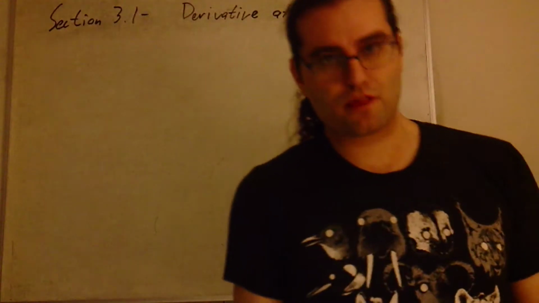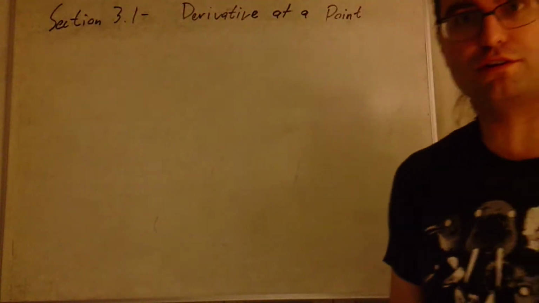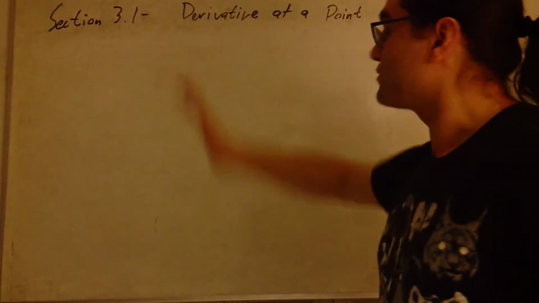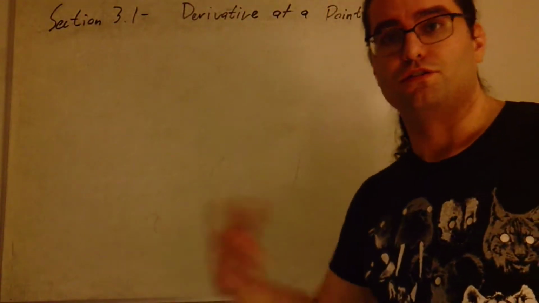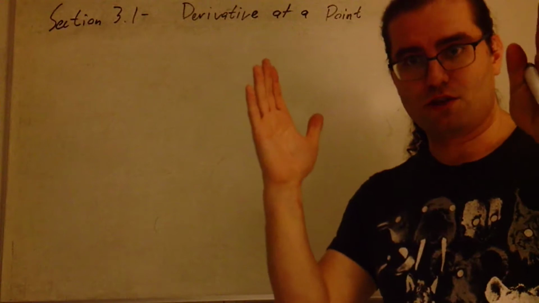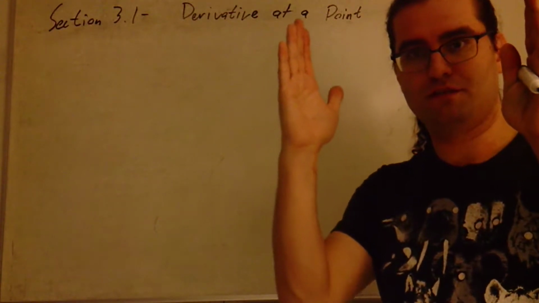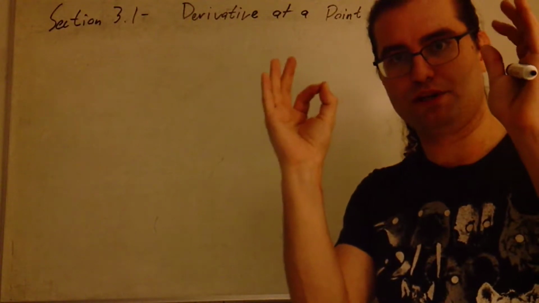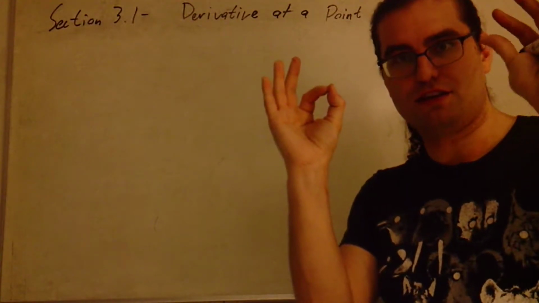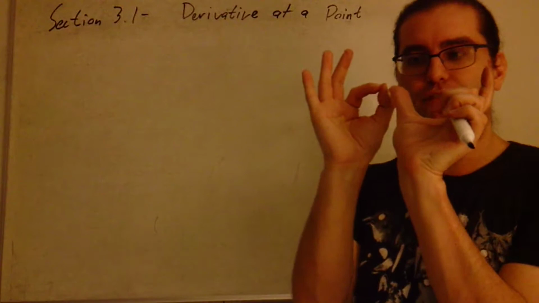This is the thrilling conclusion to our trilogy of section 3.1. This is sort of our introduction to derivatives. Derivative means that we've taken the idea of slope, and instead of looking at 2 points, we looked at 1 point and the distance a distance away from that.